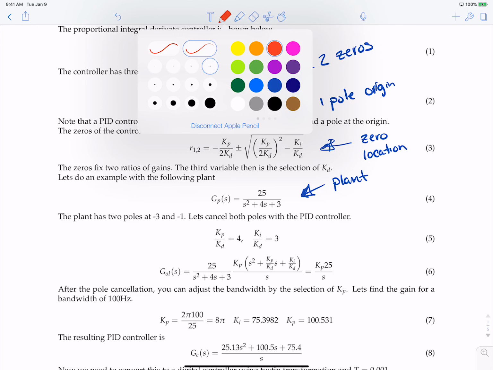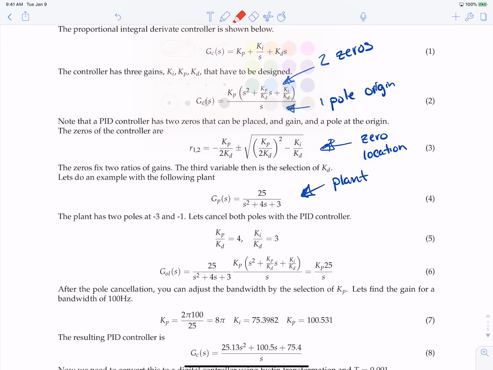You will cancel out these 2 terms. And guess what you're left with? Kp 25 by S, and that is just an integrator now. And this is really easy to set your bandwidth with. So you can solve this for the bandwidth, which will be just Kp 25 by omega.